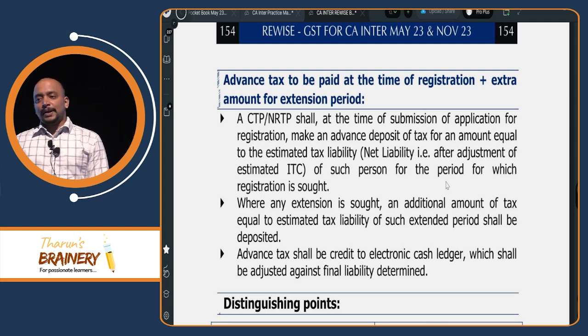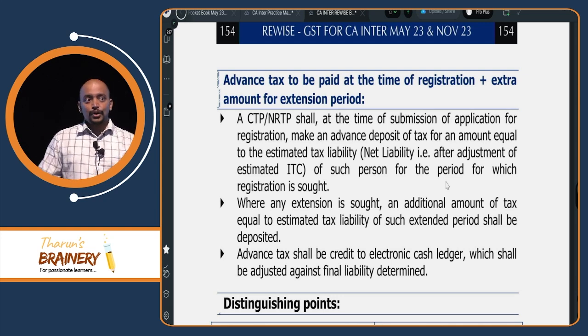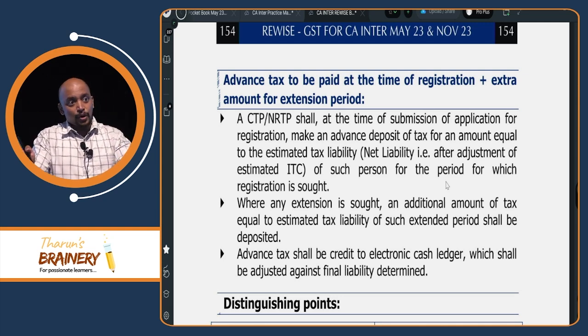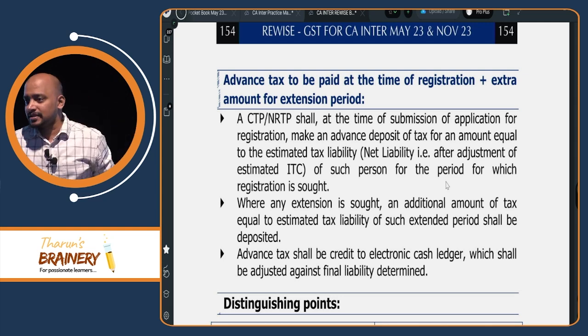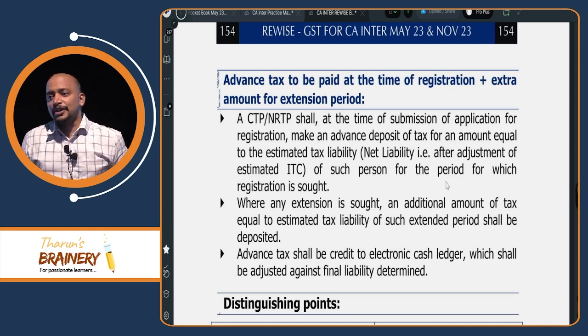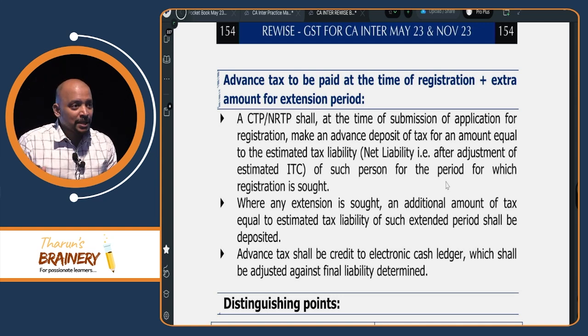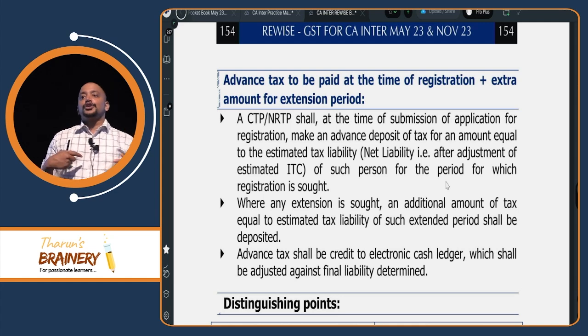They don't have physical place of business. So, they may remove, like they may go out of that state anytime, correct? They don't have physical place of business and they will be living on a temporary place. Anytime they can vacate that place and go, correct? So then it is difficult to collect the GST from them. That's the reason why they should pay the advance tax.